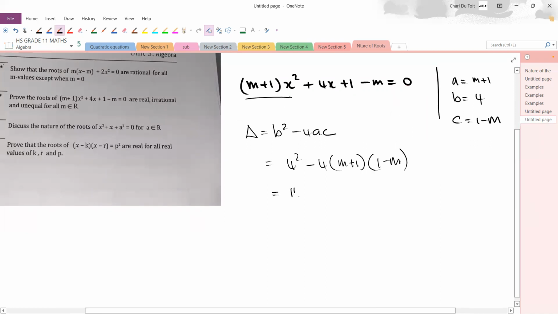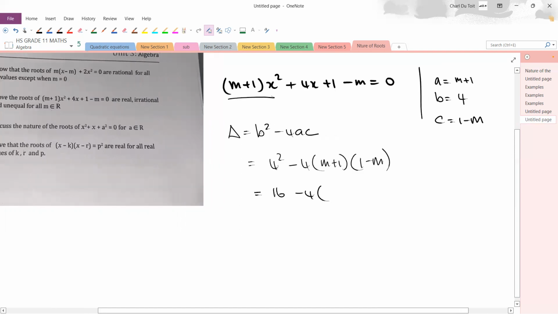All right, I've got 16 and then minus 4. Okay, let's multiply that out. That becomes (m plus 1)(1 minus m), so those cancel. So I've got 16 minus times a minus is a plus 4m squared. And then minus 4 times plus 1 is minus 4. So I have 4m squared plus 12.